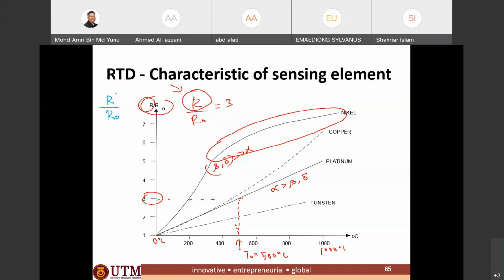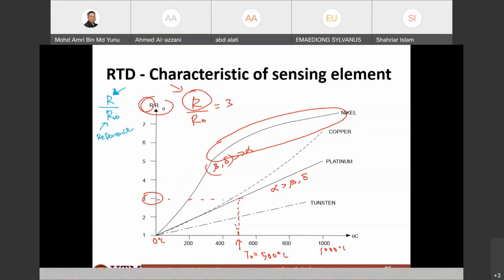R is the actual resistance of the RTD at a given temperature, and R naught is the reference resistance.